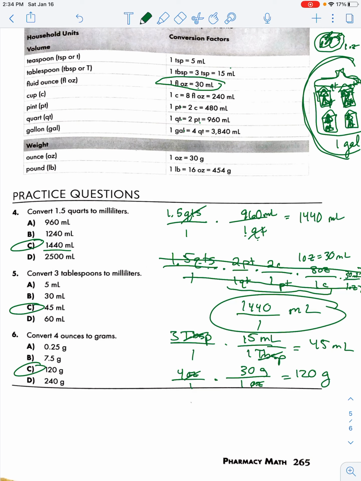This is just a visual way to help you to remember. Another way that you can remember these conversion factors: look at the fluid ounces and the weight ounces. They both correspond to 30 of the corresponding metric unit. 1 fluid ounce is 30 milliliters. 1 ounce of weight is 30 grams. So 1 is 30.